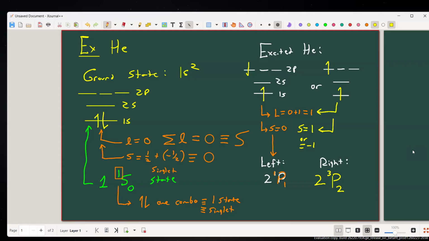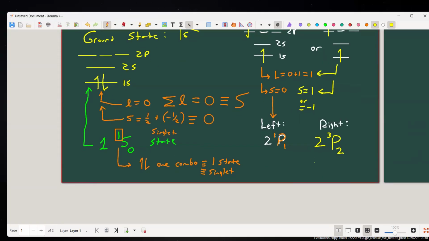And every state in between is allowed. So there's actually 3 states here of different J's. We have the J equals 1 state and the J equals 0 state. All right, so there are 3 states there, a triplet.